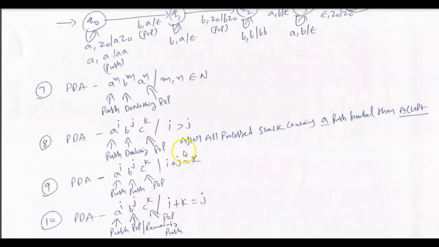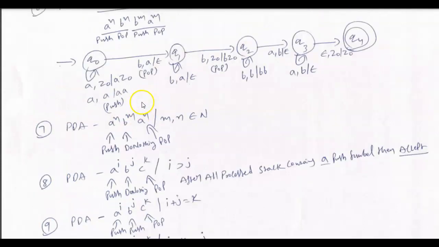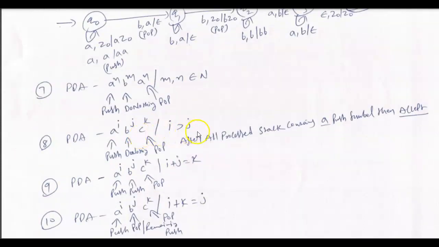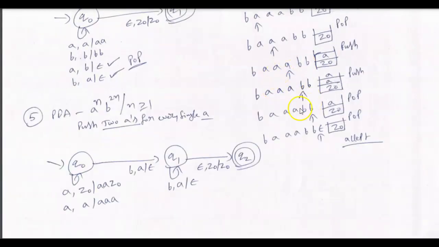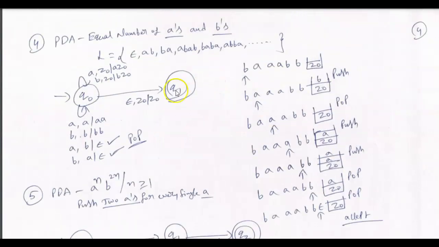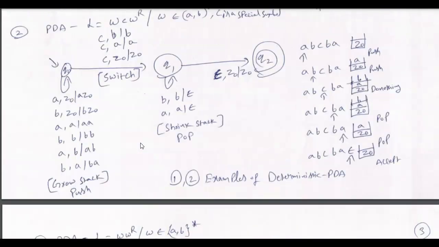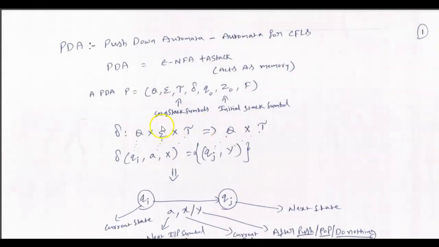I am giving you a simple assignment. You draw all these examples, 7, 8, 9, 10. What you have to do is draw this PDA. First you have to parse a given string. You have to draw the corresponding PDA, and after that you have to mention the 7 tuple value, that I already told you.